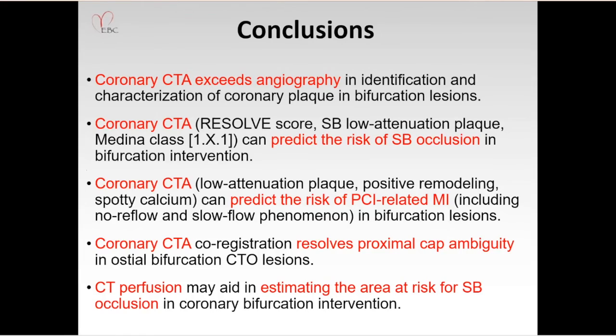Last but not least, coronary CT co-registration resolves proximal cap ambiguity in ostial bifurcation CTO lesions. Finally, we have the new kid on the block, the so-called CT perfusion, that may aid in estimating the area at risk for side branch occlusion in coronary bifurcation intervention.